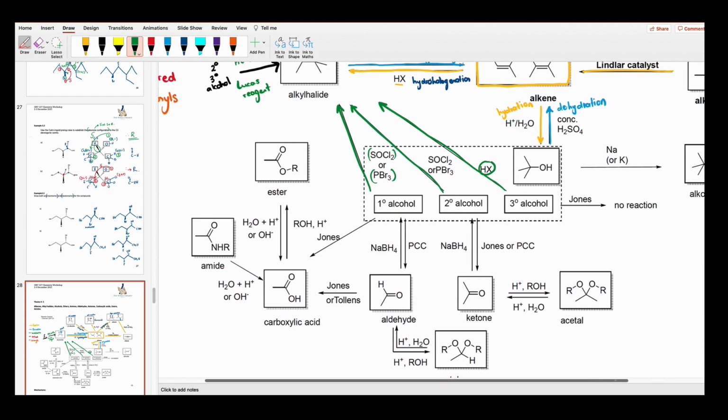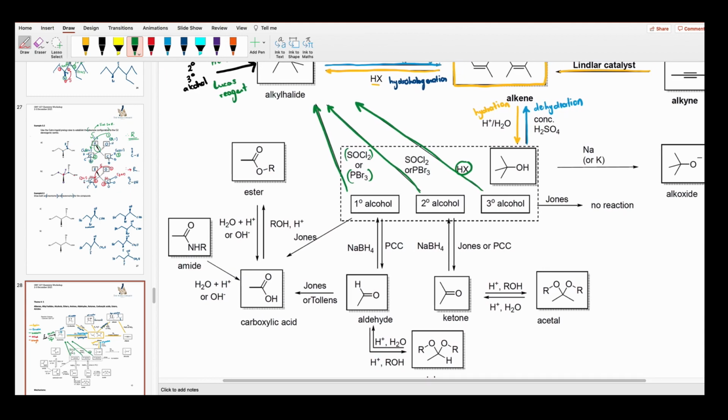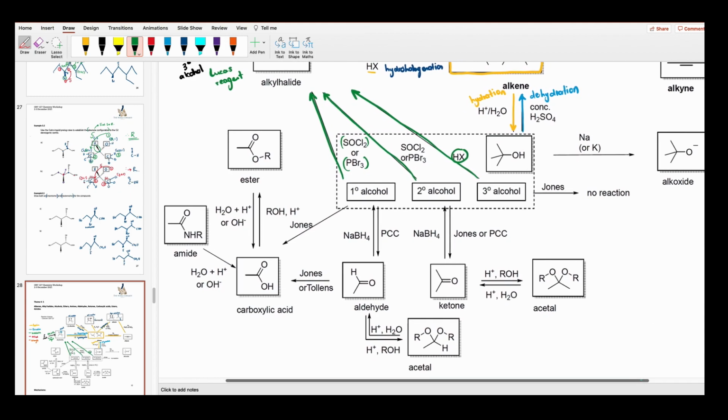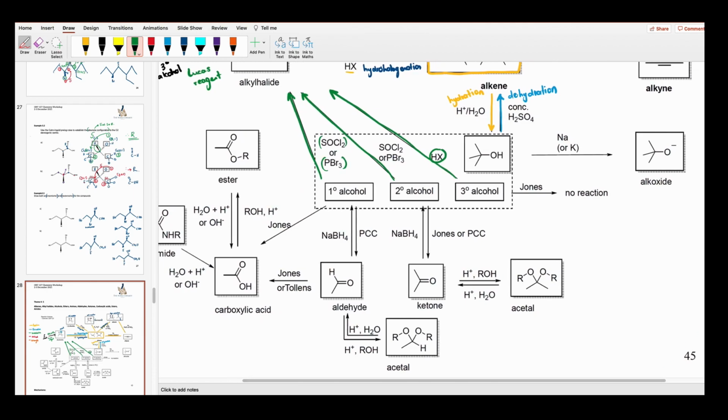Okay, let's quickly look at the rest of this map. With your tertiary alcohols, let's go to our tertiary alcohol, and I'm going to use the color for carbonyls. But if you now add sodium or potassium, then these act as a base, and the alcohol acts as an acid.